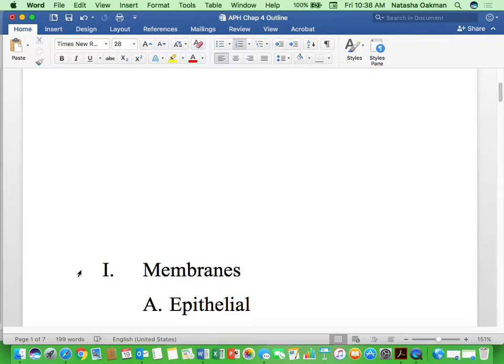Epithelial membranes do contain an epithelial layer. Remember, we talked about epithelial tissue back in chapter 3. So they do have an epithelial layer, but that epithelial layer has an underlying layer of connective tissue.